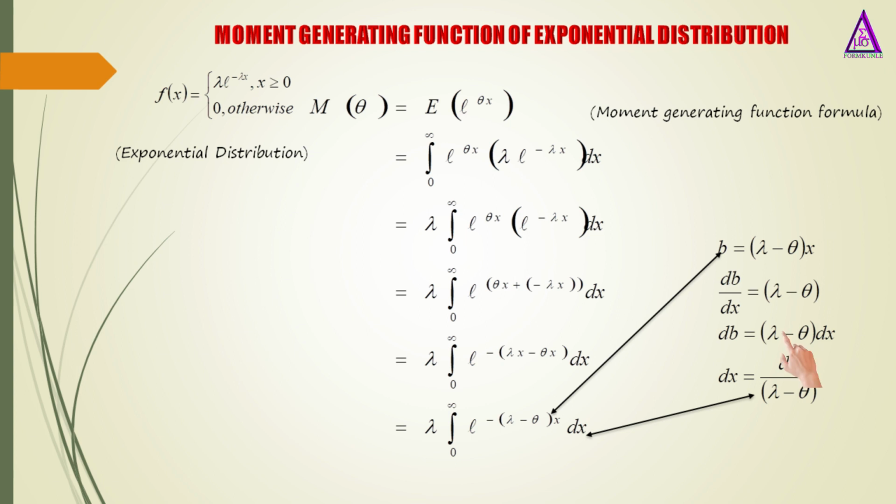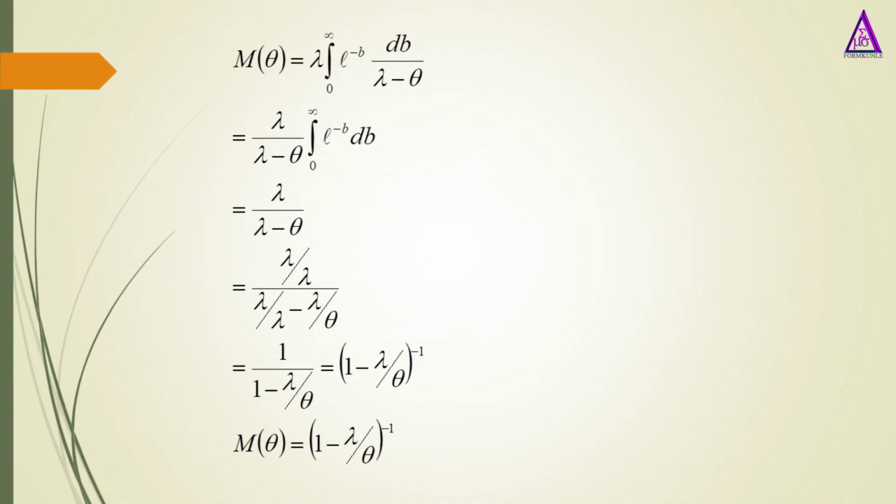So we divide both sides by λ - θ, and therefore dx equals db divided by λ - θ. So anywhere we see (λ - θ)x, we represent it with b, and anywhere we see dx, we write db divided by λ - θ, and that is what we have here.